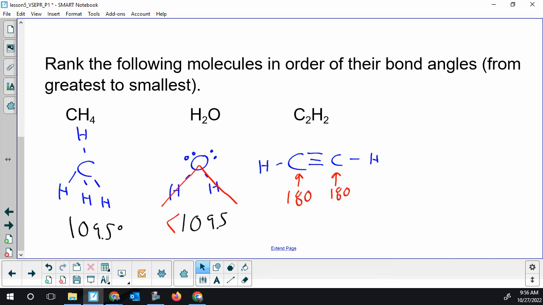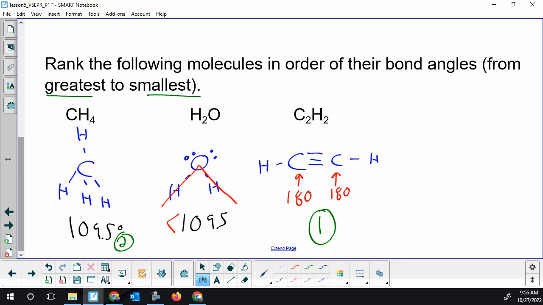So we can answer our question once we reread it. Rank the following from greatest, so biggest to smallest. So the biggest bond angle is our 180. The second biggest would be 109.5.